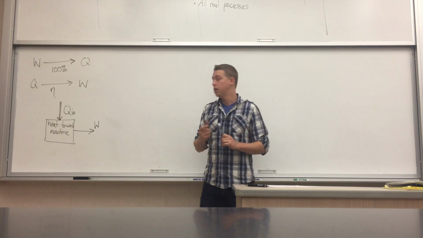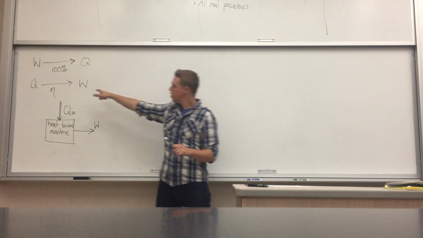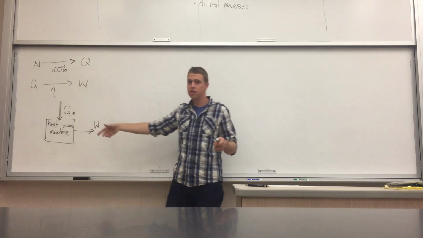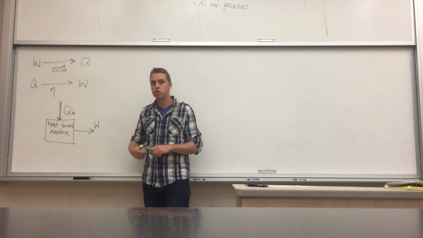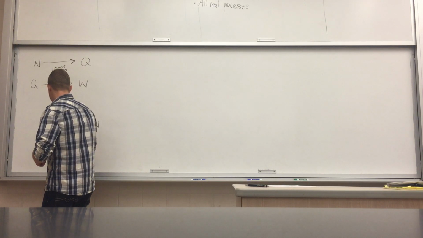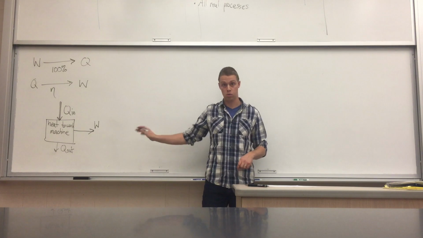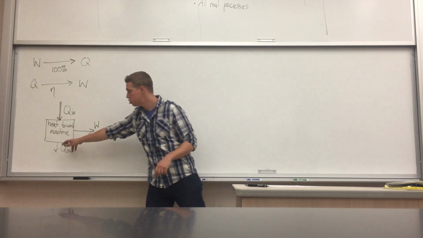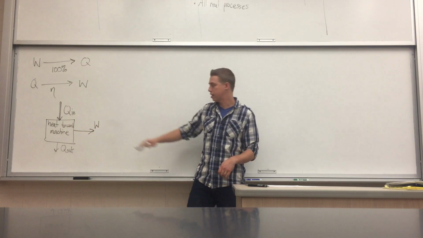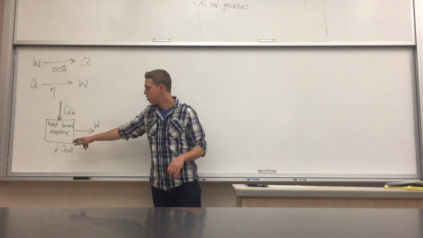Well, we think that given this, which seems to make sense to us, any such machine is going to have to lose a little bit of heat out, right? I've drawn this as a smaller arrow because it's not like it's dumping all of it out. Most of it's going into work, but we're going to have to lose some.